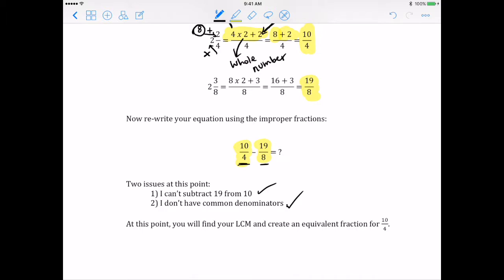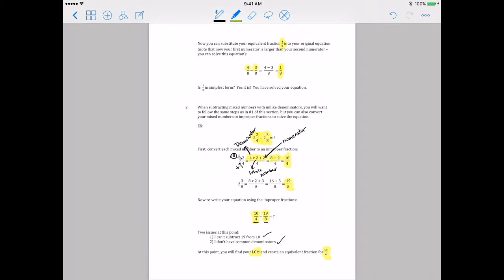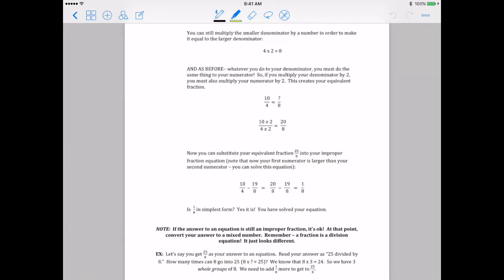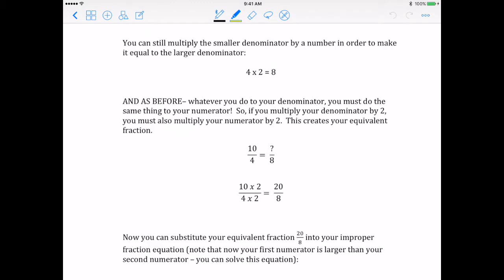At this point, you will find your least common multiple and create an equivalent fraction for 10/4. Because remember, I can turn that 4 into an 8. So, you can still multiply the smaller number by another number in order to make it equal to the larger denominator.